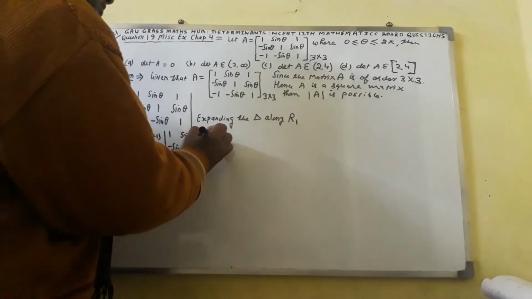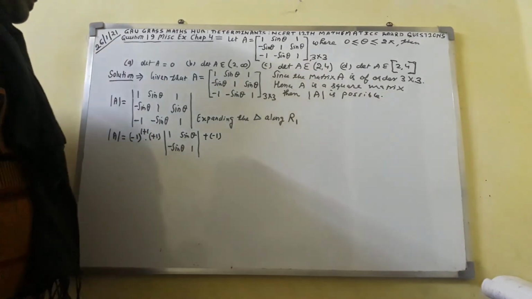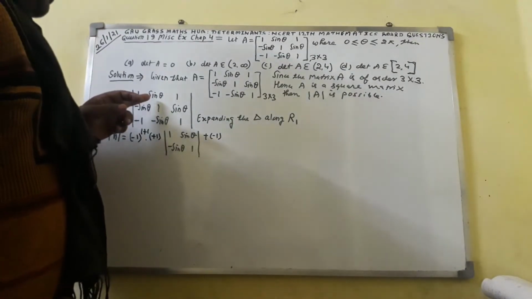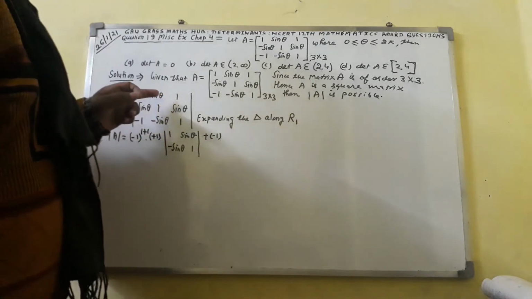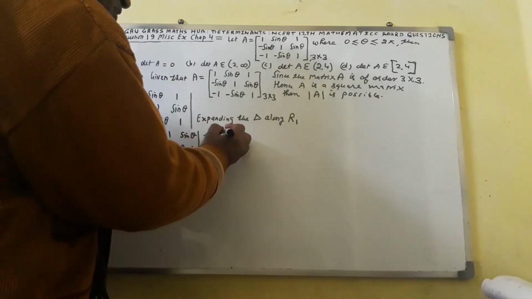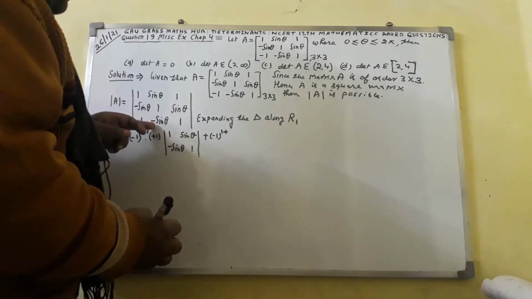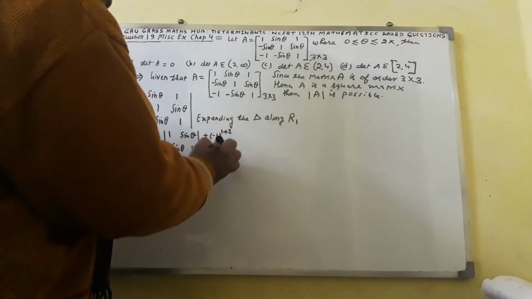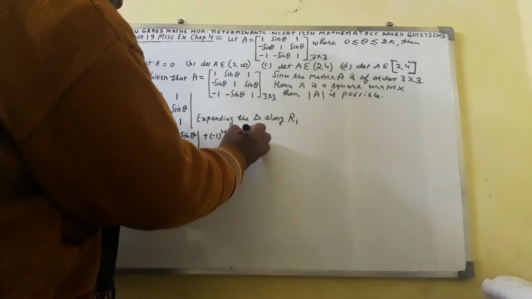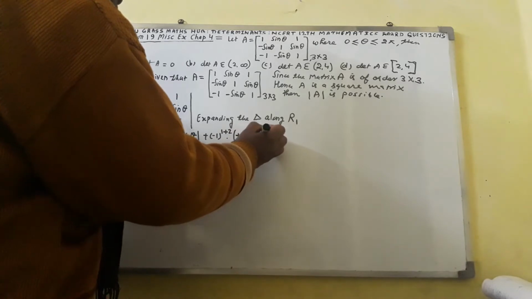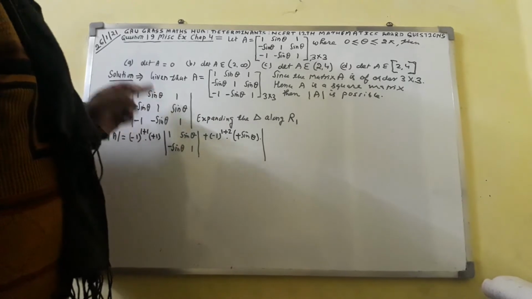And here write minus 1 raised to power. If I take the element sin theta, so sin theta is there in first row. For first row I shall write here 1, plus, and sin theta is there in second column. For second column I shall write here 2. In bracket I shall write plus sin theta. Now get the minor of sin theta.